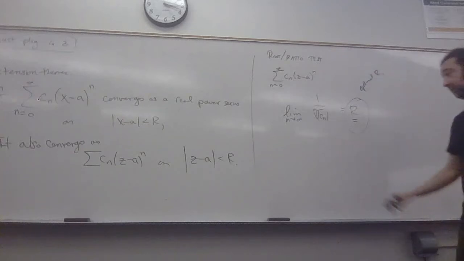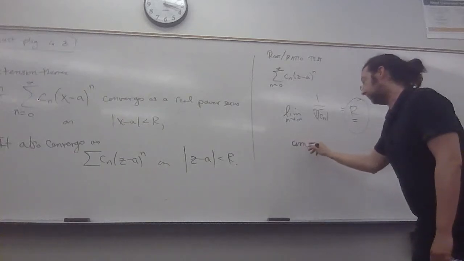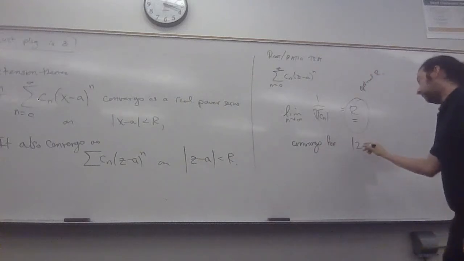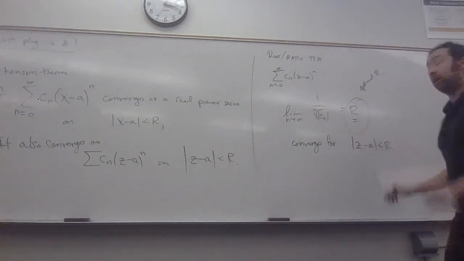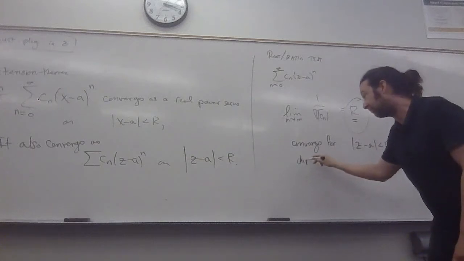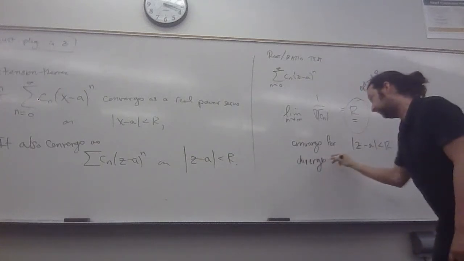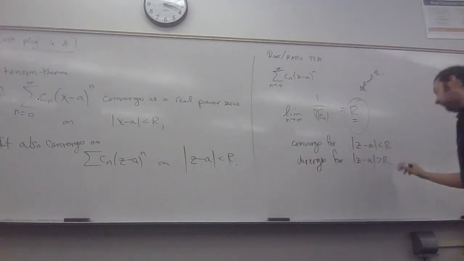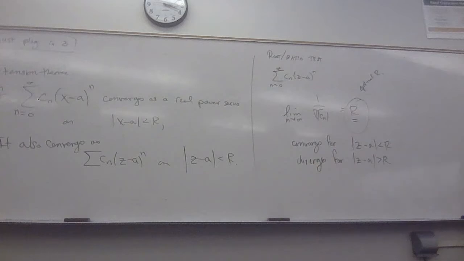The theorem says that this series converges for all z with |z minus a| less than r, and not only that, it diverges outside of that. And then actually on the boundary |z minus a| equals r, who cares, right? We're working with open sets, so the boundary often doesn't matter for us.